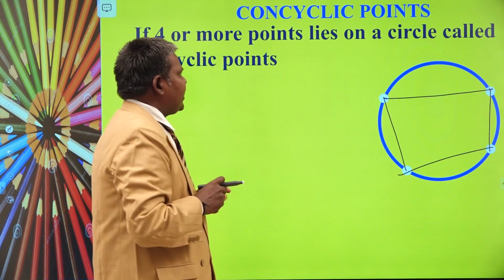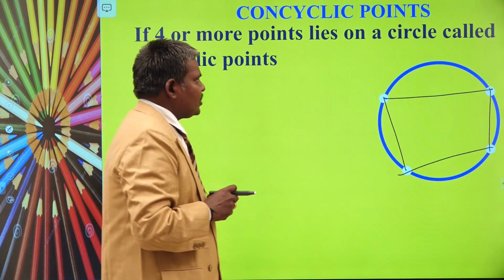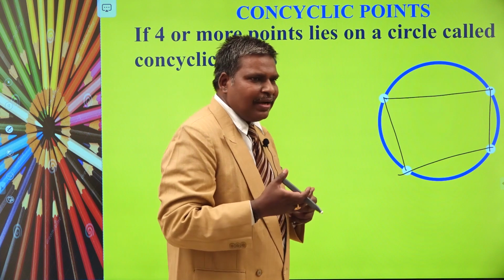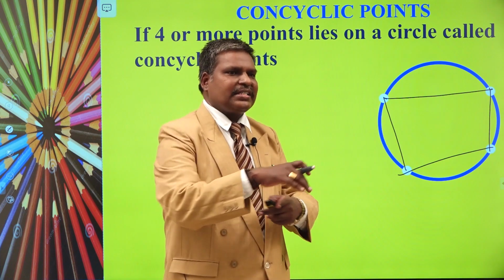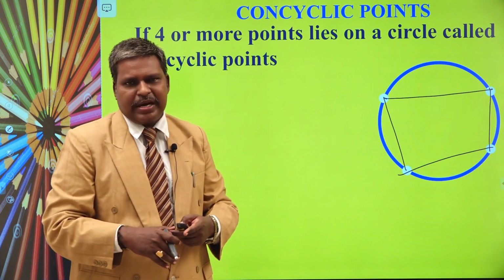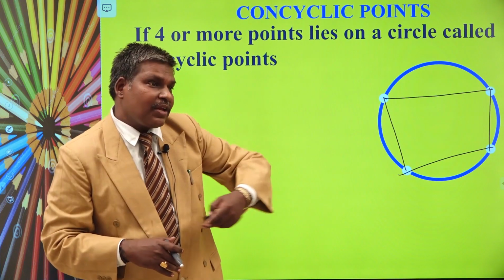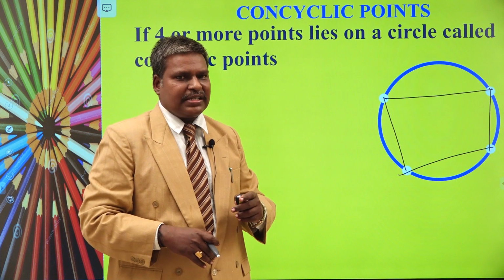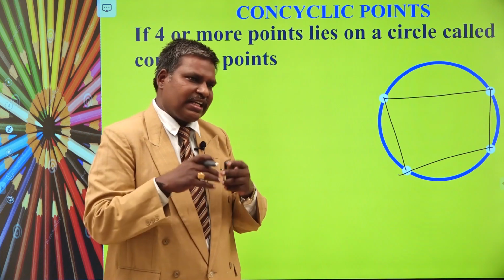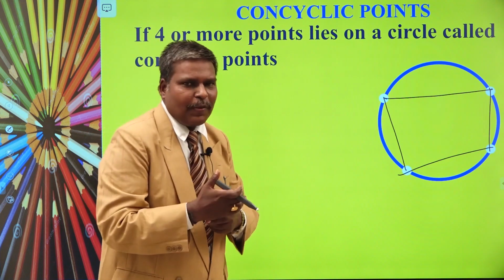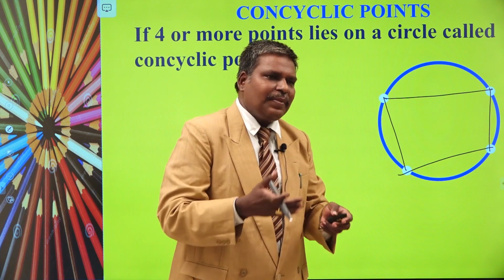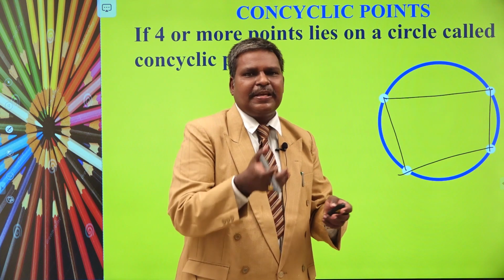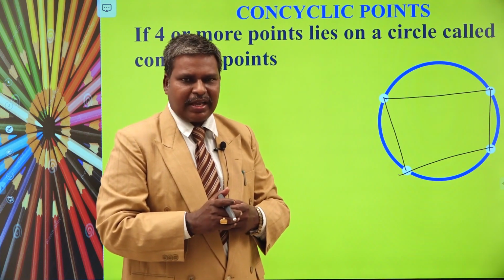Now, how to find the equation of circle passing through 4 points? You take any 3 points, find the equation of circle, and automatically that equation satisfies the 4th point also.